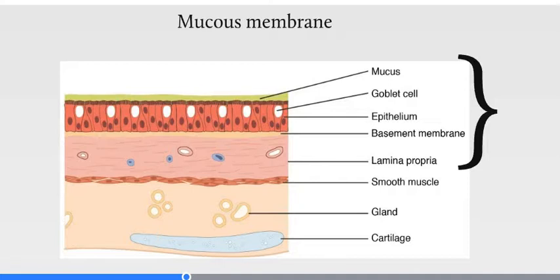In the digestive system, we can have a stratified squamous epithelium or a simple cuboidal epithelium. In the urinary system, we can have a transitional epithelium. The possible epithelia associated with mucous membranes is rather varied because of all the different locations where they're found and the different functions that they need to ascribe to besides just producing mucus.